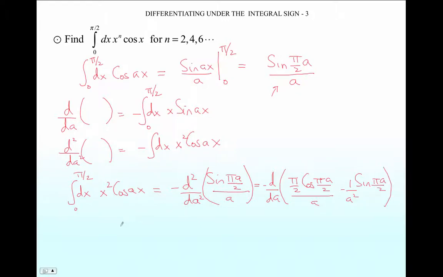One last differentiation, and when I differentiate cosine, I'll get sine.